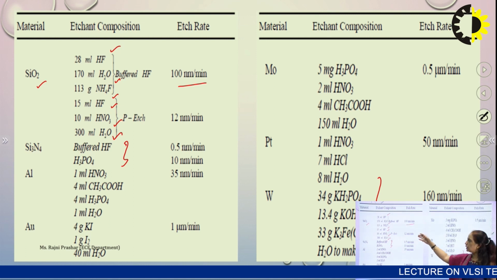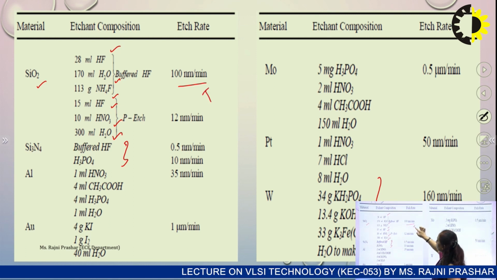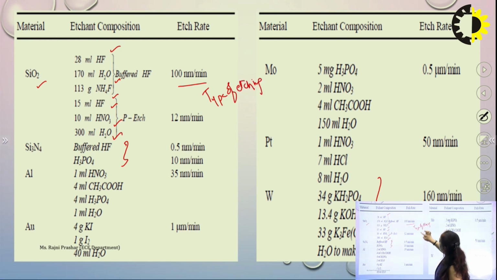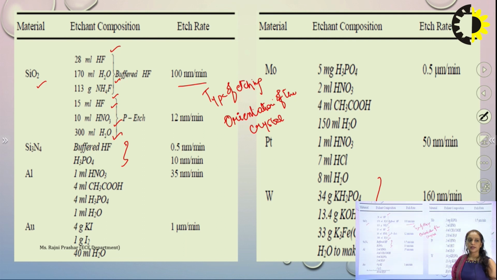Obviously these etching rates will depend on the type of etching we use, and second, the orientation of the crystal which is going to be etched.